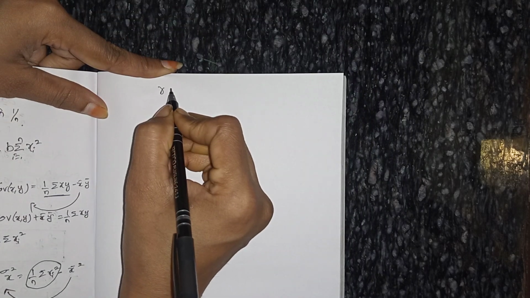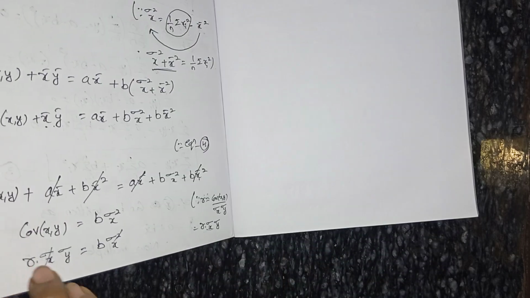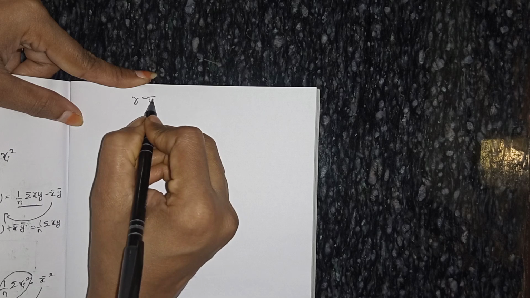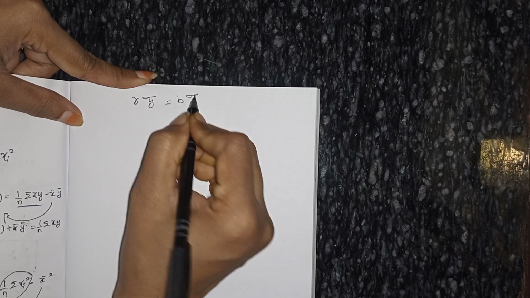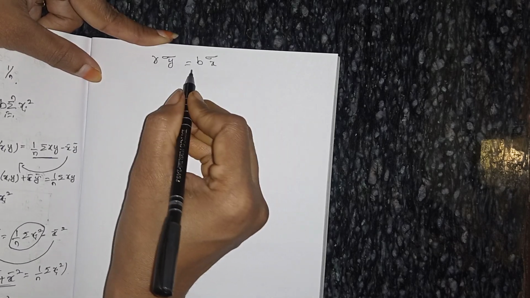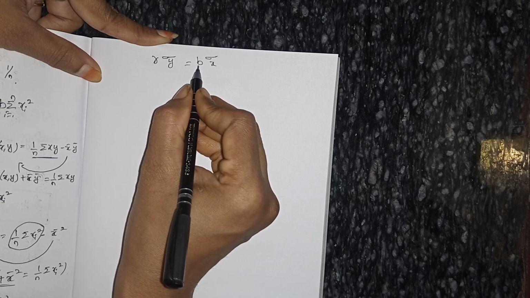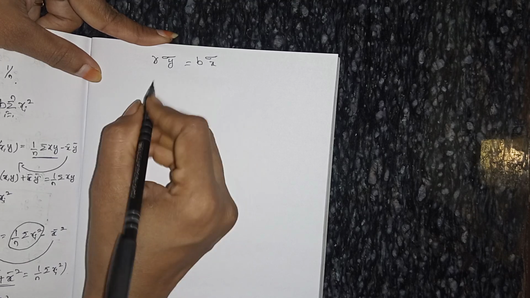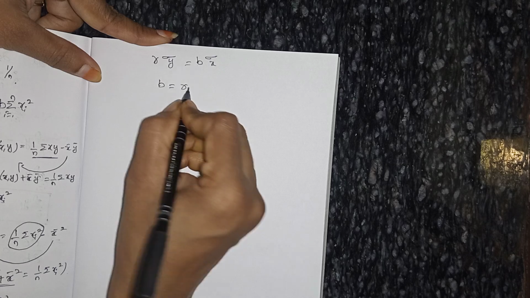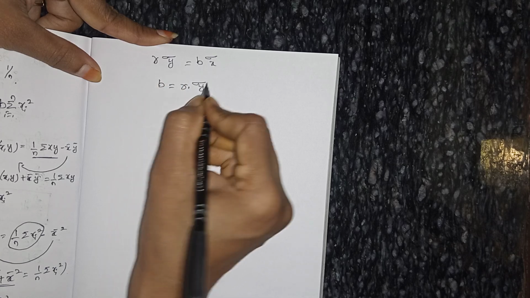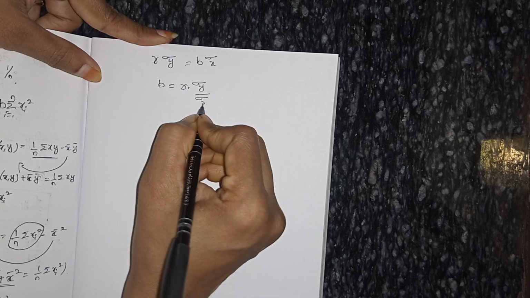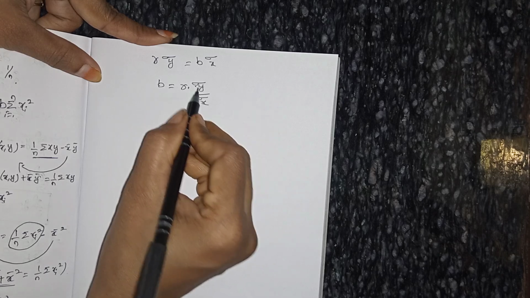r into sigma y equals b into sigma x. Now we want the coefficient, no? So that's why b equals r into sigma y by sigma x. So this is sigma y by sigma x.